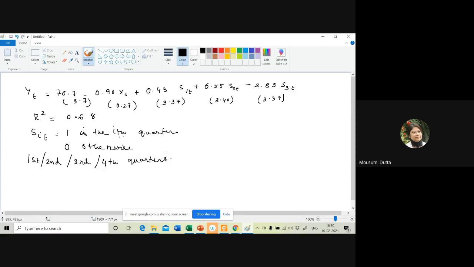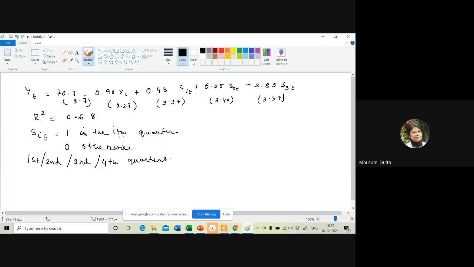Okay, so start with the first quarter. Look at the dummy variable Sit. Sit is equal to 1 in the ith quarter, 0 otherwise. That is, when you consider the first quarter, the value of S1t should be considered to be 1, 0 otherwise. So what will be the regression model for the first quarter?